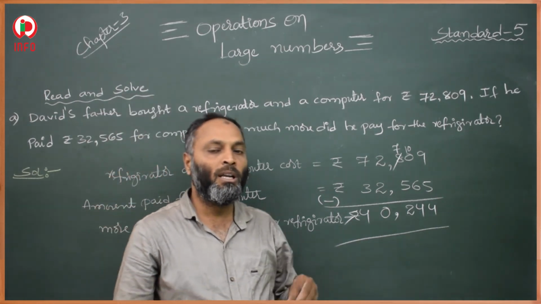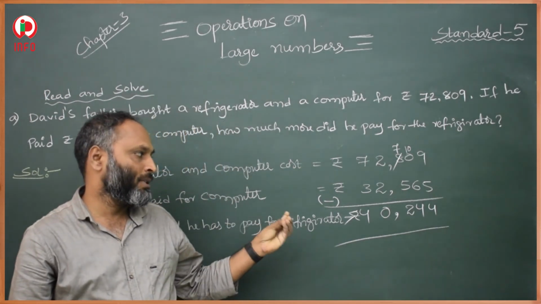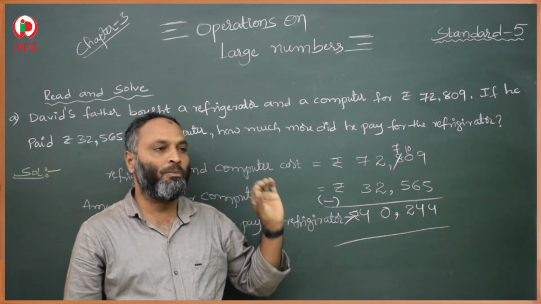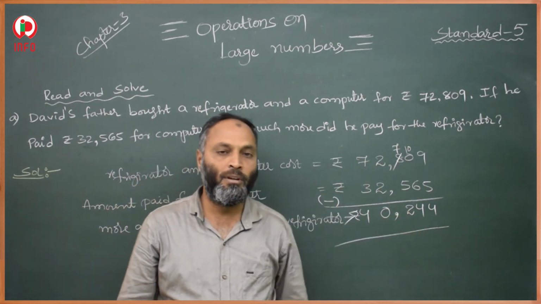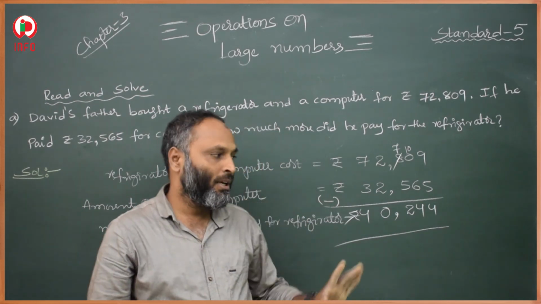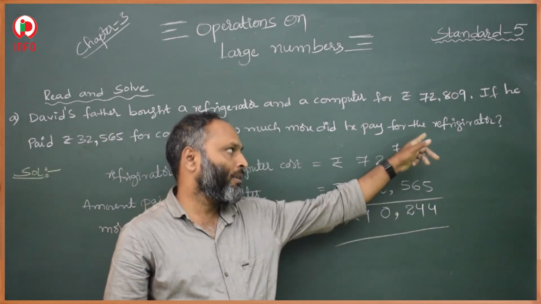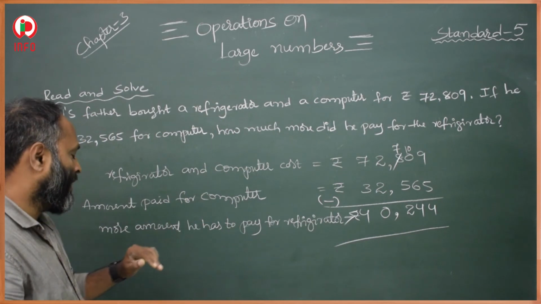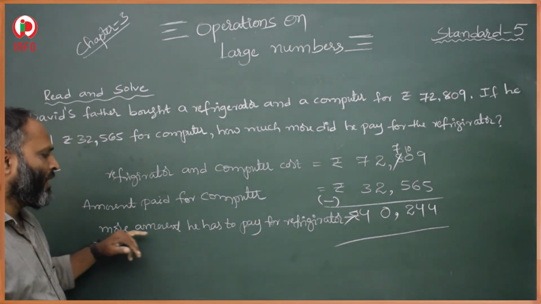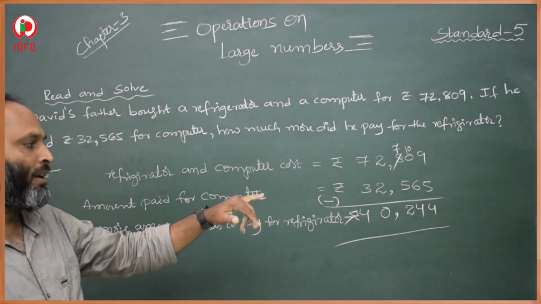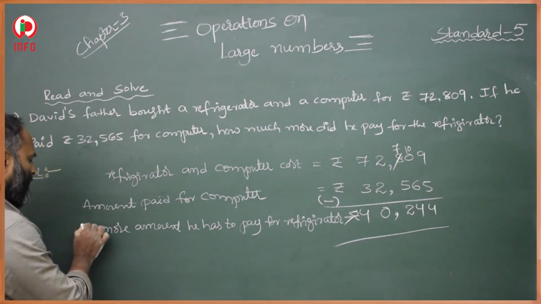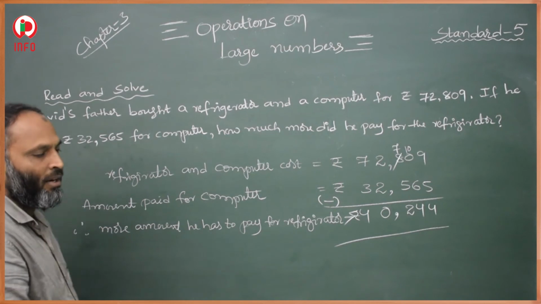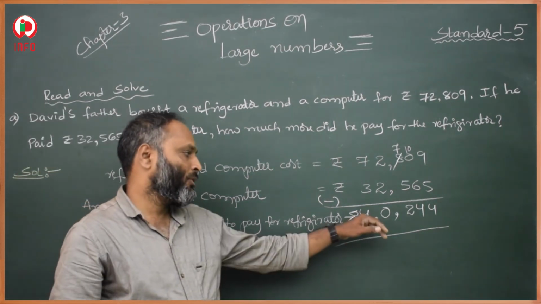How much amount is left means we have to subtract. After subtracting, 40,244, this much amount is left. This is the amount for the refrigerator. So whatever the balance, this is the conclusion step. More amount he has to pay for the refrigerator is 40,244. Therefore, this is the refrigerator cost. This much more he has to pay.